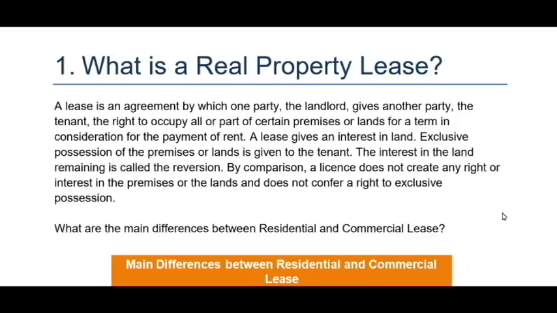Exclusive possession of the premises or lands is given to the tenant. The interest in the land remaining is called the reversion. By comparison, a license does not create any right or interest in the premises or the lands and does not confer a right to exclusive possession.